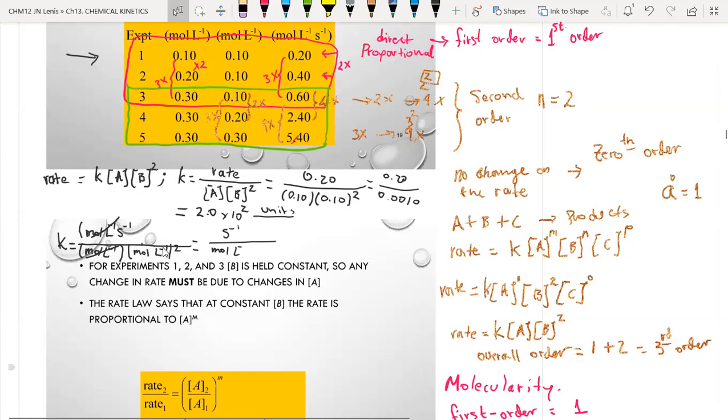So this is moles per liter squared, so it's going to be moles squared times liters to the -2.